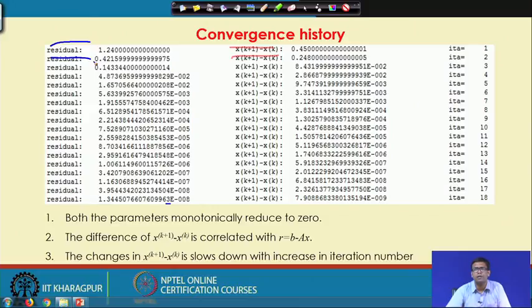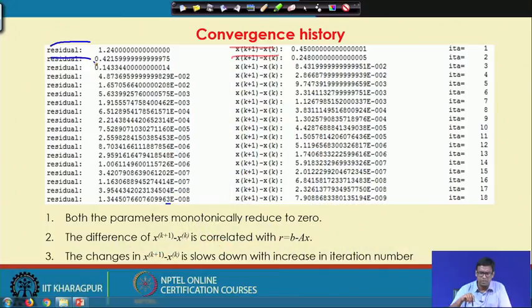Both these parameters monotonically reduce to 0, there is no oscillation, it is never increasing, it is continuously reducing to 0. So, for Gauss-Seidel or Jacobi or all such basic iterative methods, the errors or the residuals must not oscillate, they must monotonically go to 0. If it is oscillating, then there is some problem in the implementation.